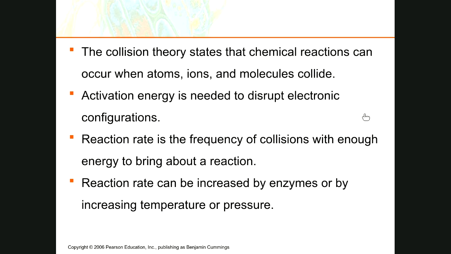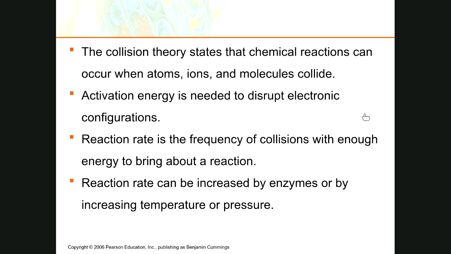Now, there is a way to increase the likelihood that those molecules will react to each other when they collide. If you're working in a lab, what's a simple way to make reactions happen faster? What's a way to speed up reactions without using enzymes? Make those molecules move faster. How would you do that? Right, heat it up.